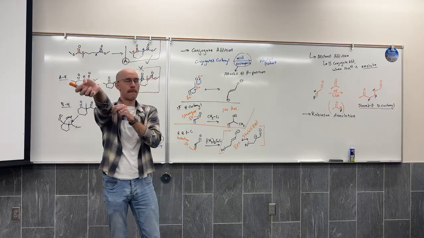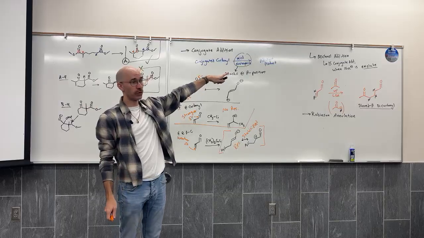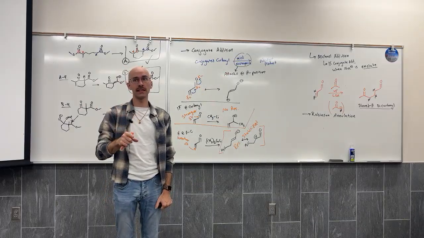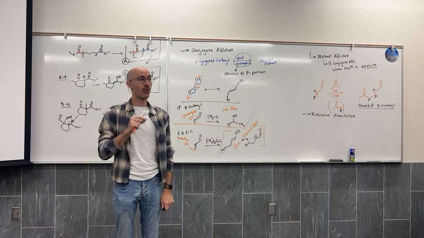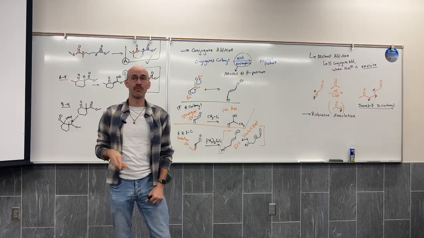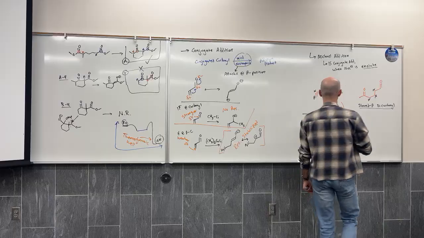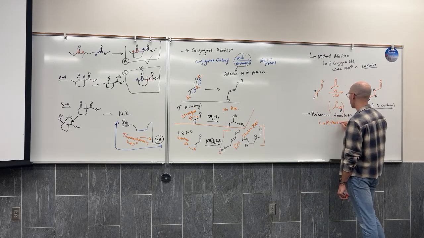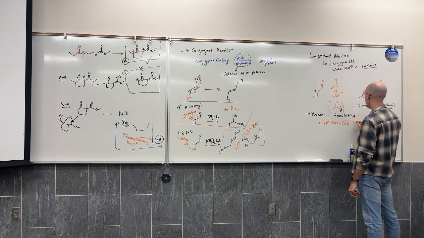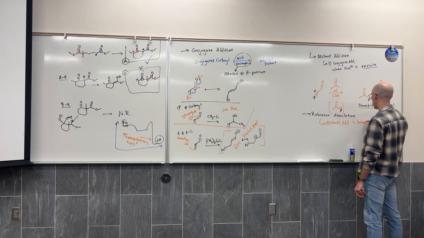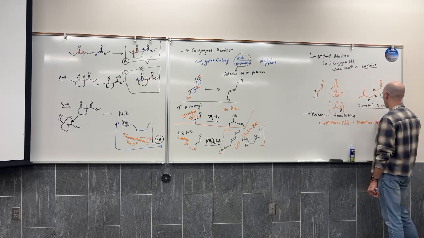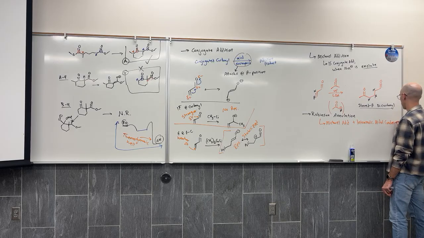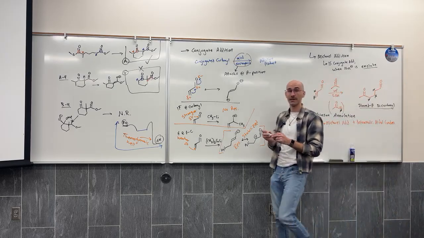So listen, Michael was bold for saying, if conjugate addition uses an enolate, name it after me. Robinson was even more bold because Robinson said, if the reaction is a Michael addition followed by an intramolecular aldol condensation, call it after me.